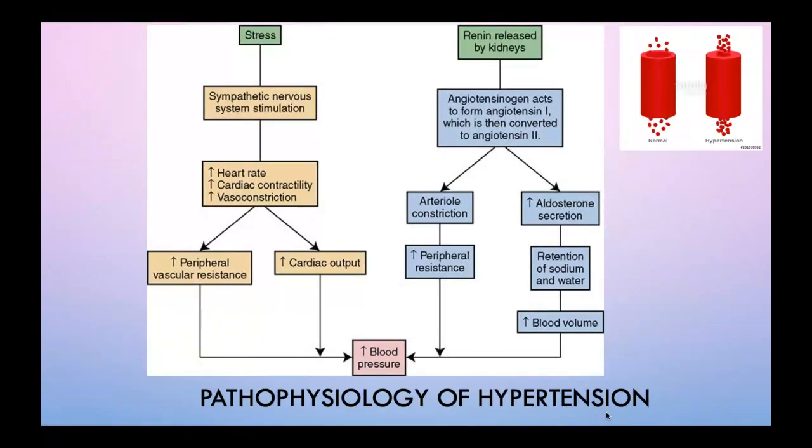So the increased peripheral vascular resistance and increased blood volume will also result in an elevated blood pressure. So we'll pay attention to the picture on the top right. So normal blood vessel, and the kind of vasoconstriction we'll see to the right of it in hypertension.